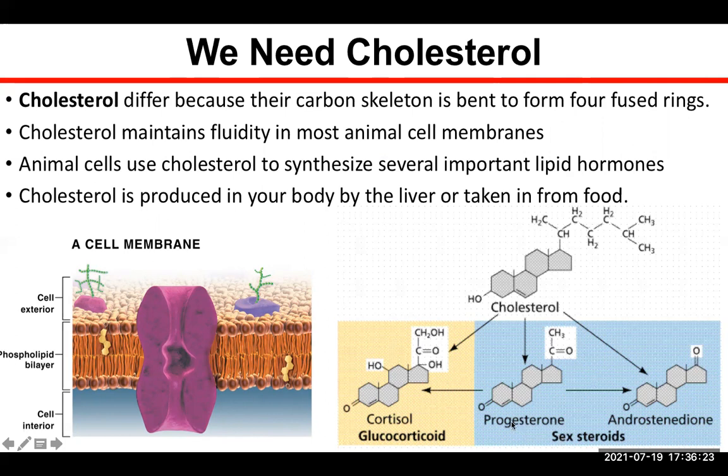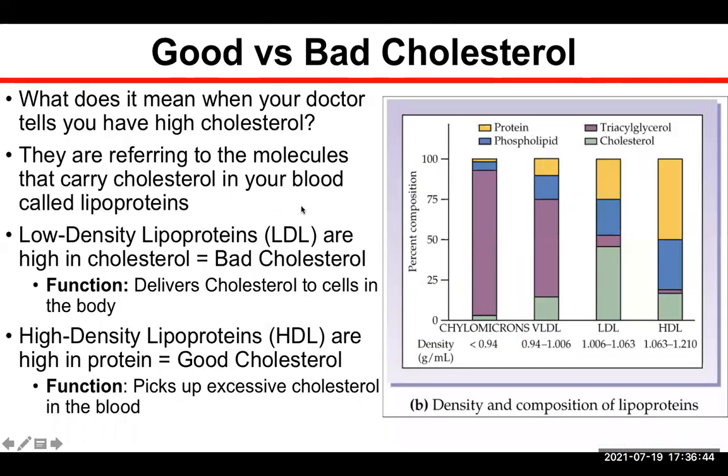But then you also have stress hormones such as glucocorticoids. And so all of these need this cholesterol precursor in order to form. Cholesterol is produced by our body in the liver, but we also take it up through consumption of food.